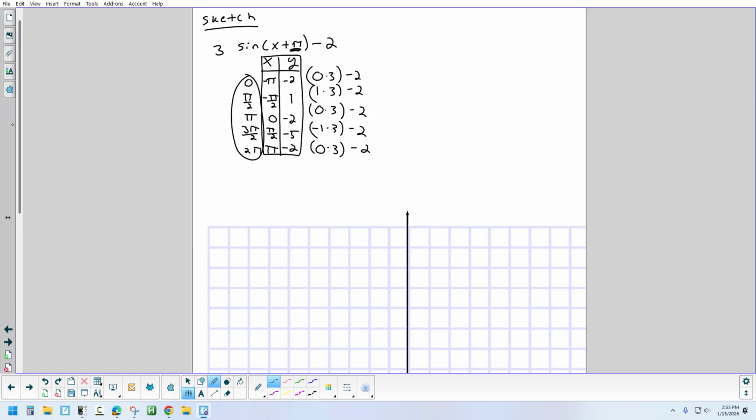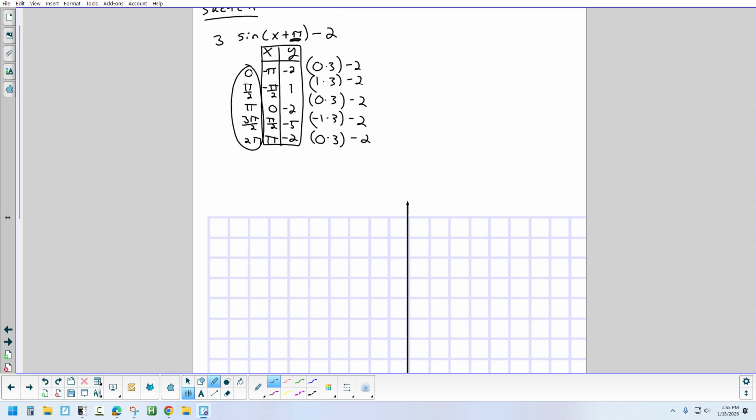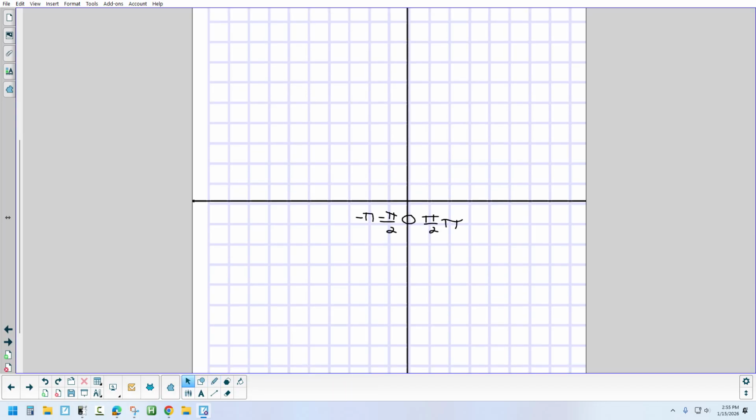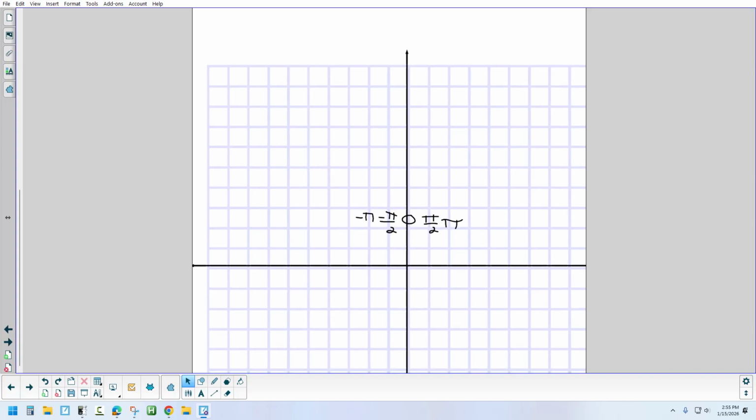And then pi over 2 and pi. Now for the y's, I need to go up to 1 and down to negative 5. So what I should probably do with my labels is put them above the axis, because then I won't be drawing over them. So I'll just move my grid. Now they're above the axis.